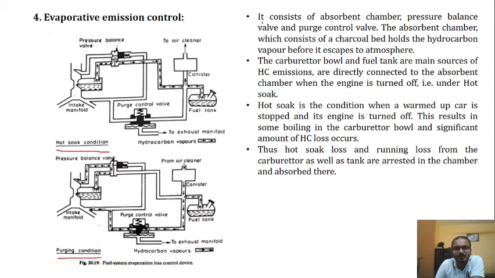It consists of an absorbent chamber, a pressure balance valve over here, and a purge control valve that is over here. Two figures are the same with two different conditions.